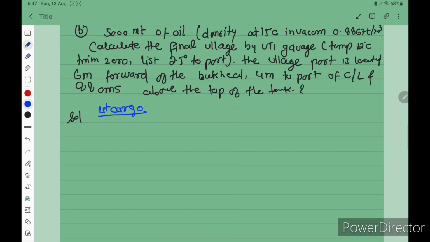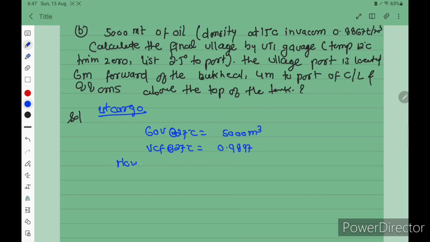So the observed volume given in the first is meter cube. So GOV is given at 27 degrees centigrade, 5000 meter cube. Okay, so VCF at 27 degrees centigrade is 0.9897.